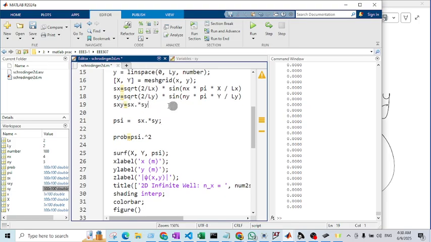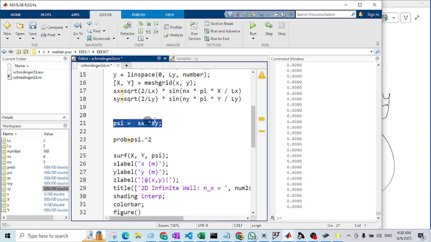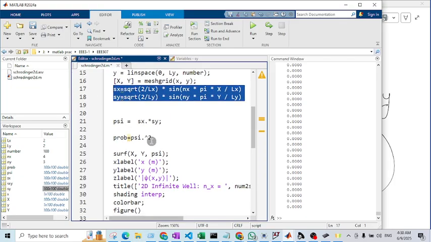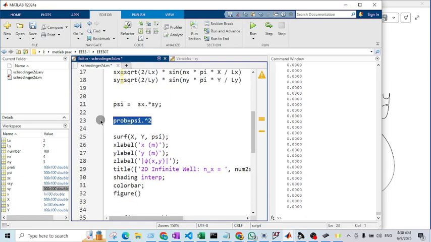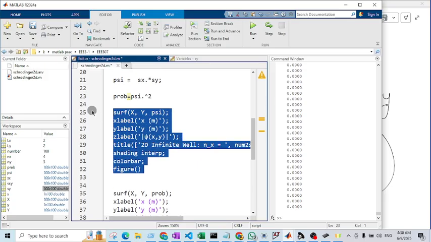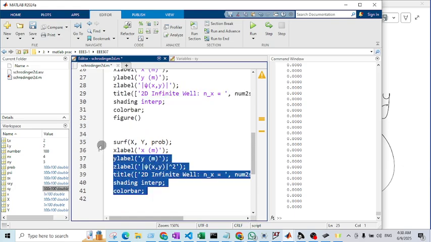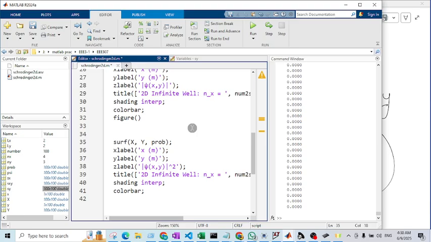So this is psi, which is the multiplication of these, and then I get the probability density function, that means psi square, and then I plot x y psi, and then again I plot x y and the probability function, right? And if I run this code, let's see what happens.